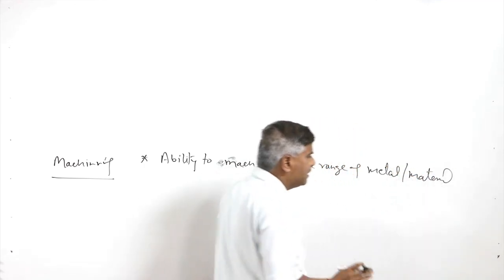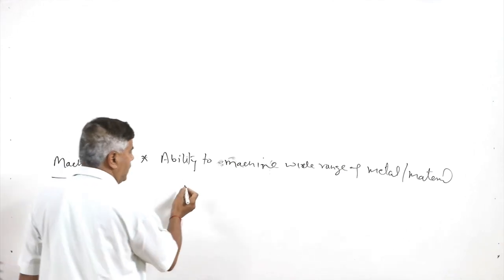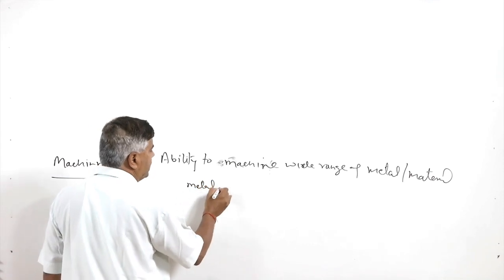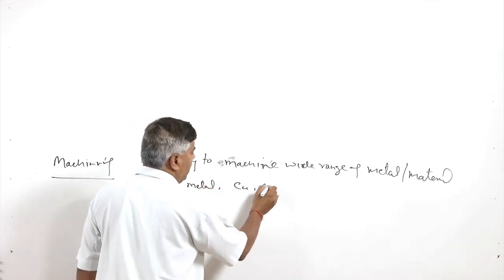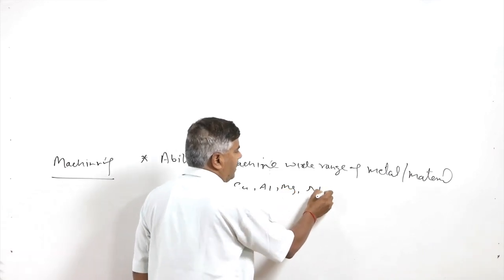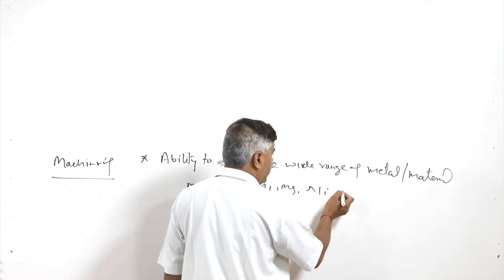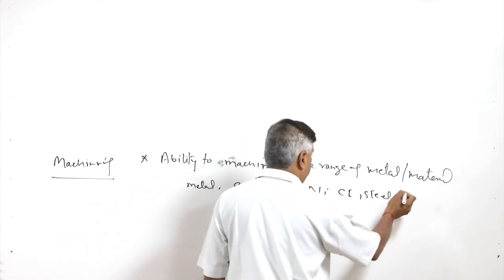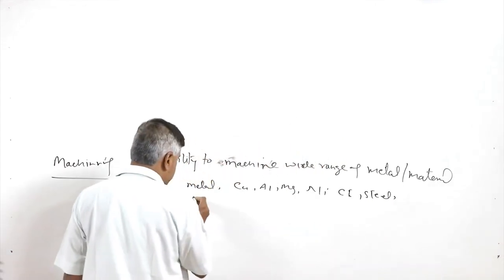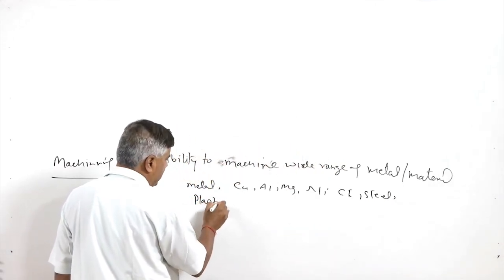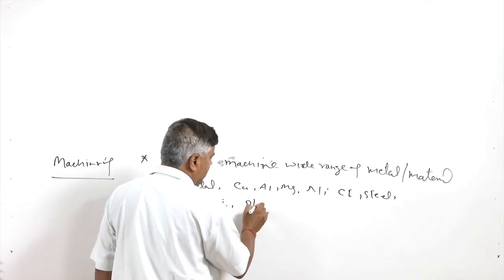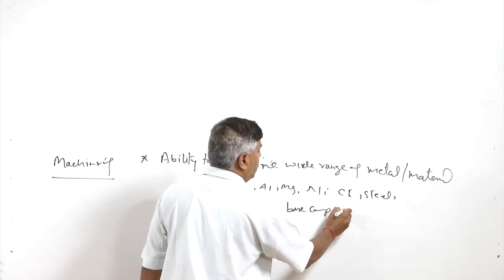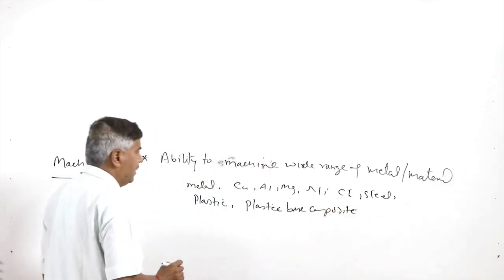So, not necessarily just metals will be processed. Machining can be done of metals ranging from, say, copper, aluminum, magnesium, nickel, then cast iron, steels, and not only these, but it can also be used for machining of plastics and plastic based composites in order to get the desired size and shape.